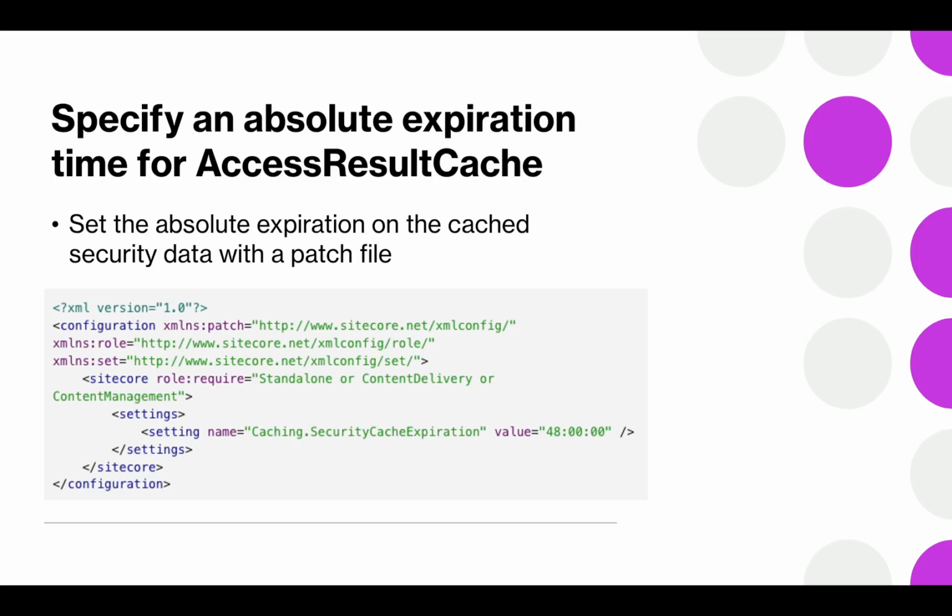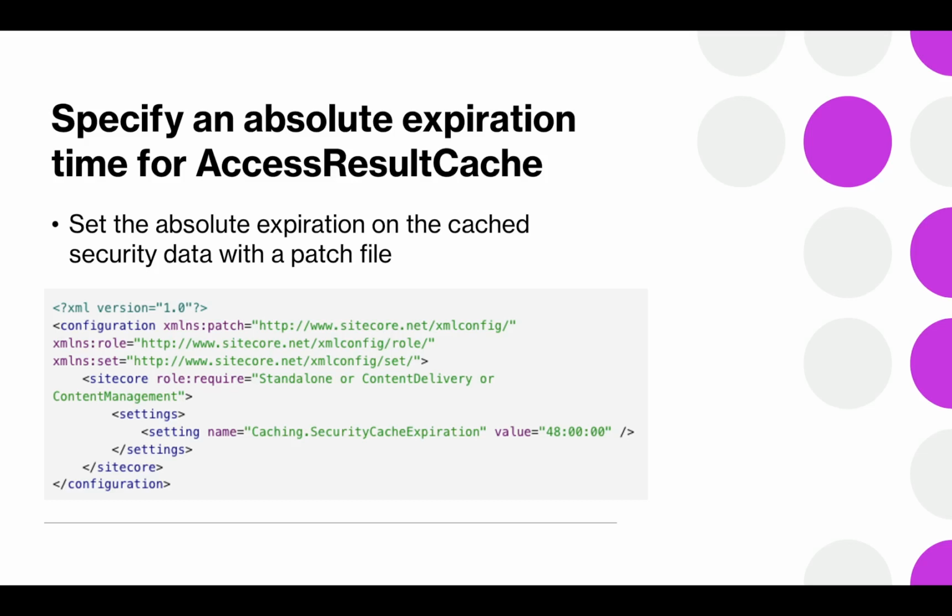That's why you see in some instances access result cache can grow to multiple gigabytes worth of data. So if you find that your access result cache is growing too large, or if you have too many evictions, you can try to set this setting.